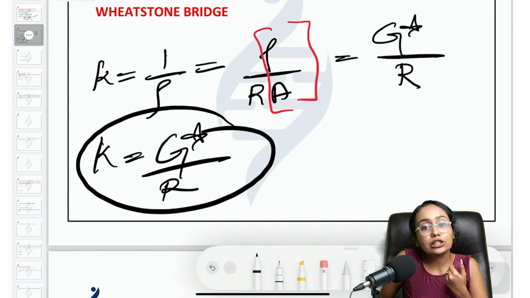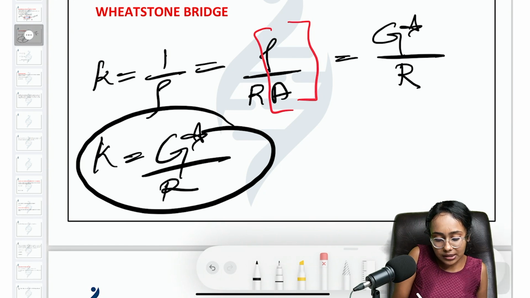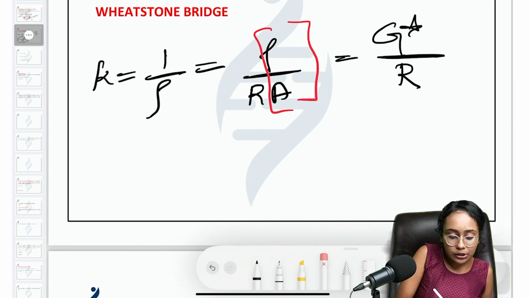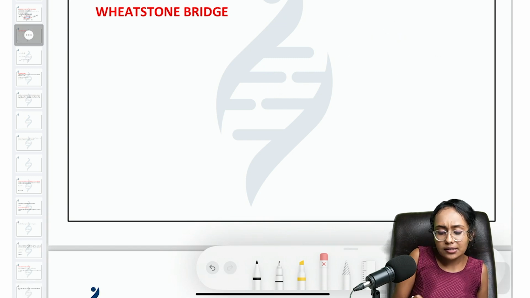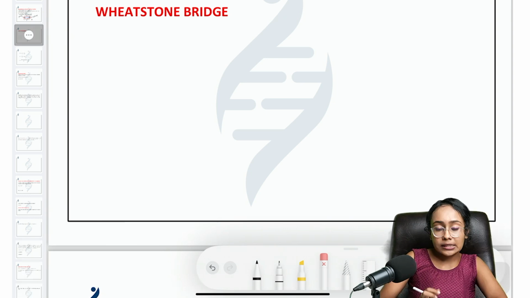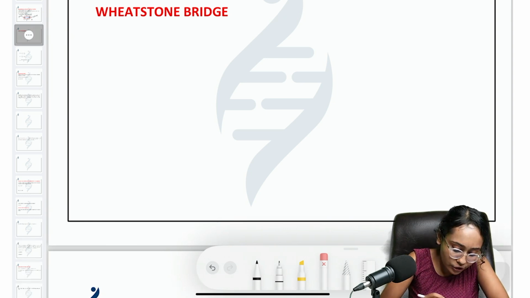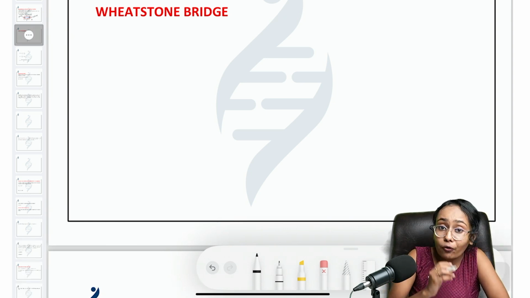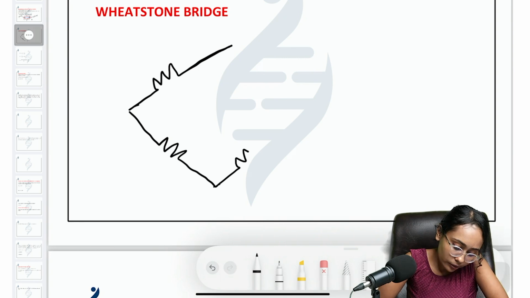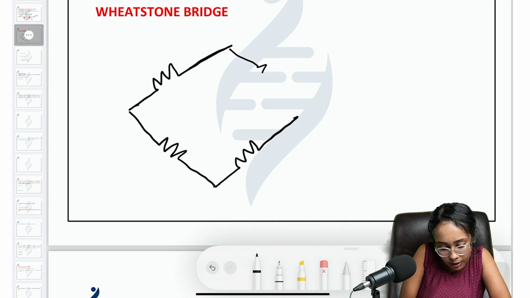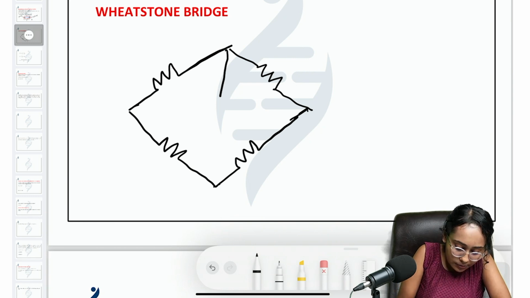To find the resistance, which experiment will we undertake? You've learned about this experiment in your previous classes, mainly in physics: the Wheatstone bridge. How is a Wheatstone bridge constructed? It consists of four resistances, R1, R2, R3 and R4, connected by a galvanometer.